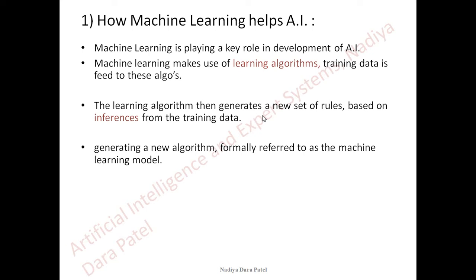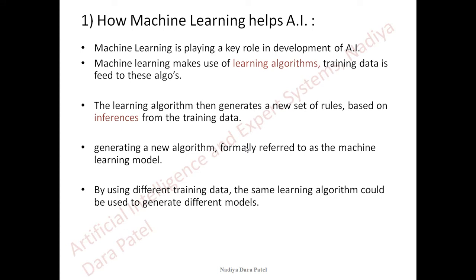Further, generating a new algorithm formally is referred to as a machine learning model. Now this procedure is known as a machine learning model. By using different training data, the same learning algorithm could be used to generate different models. Now we have understood that machine learning is completely dependent on data. This data should be worth relying on, and further the learning algorithms are going to carry out some set of rules, compute them, and find some conclusions.